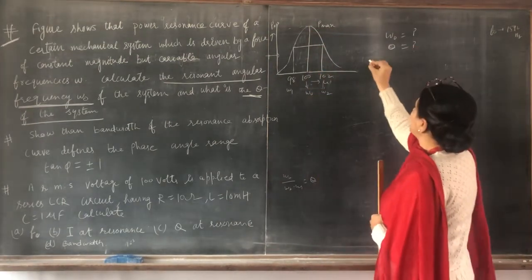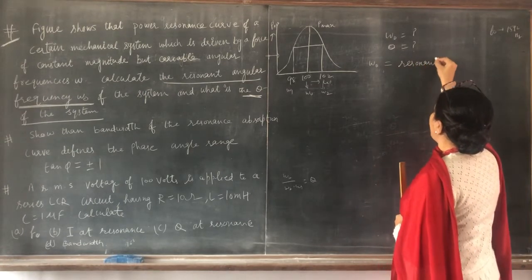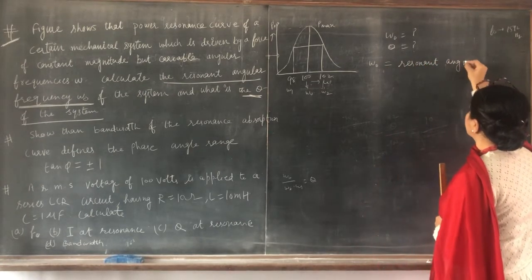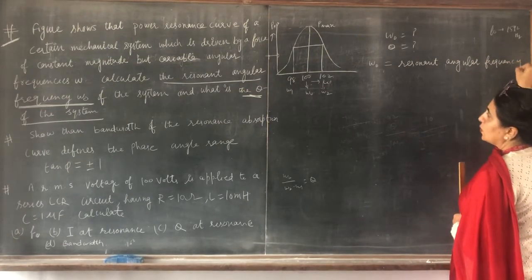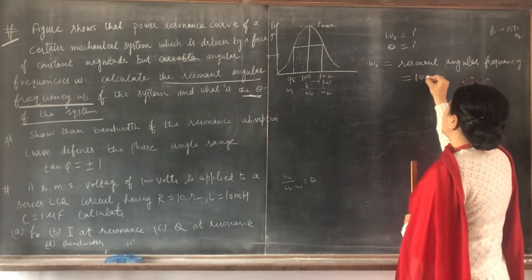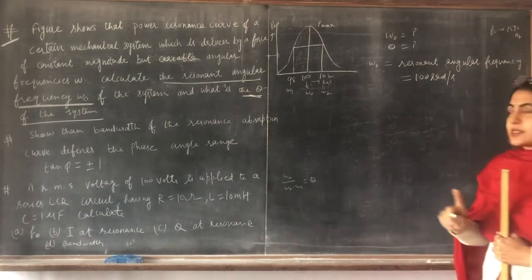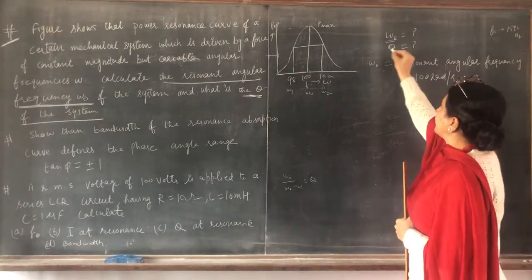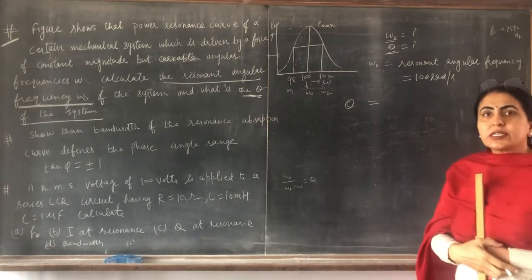So omega naught, that is the resonant angular frequency, is equal to 100 radian per second. Clear? So first we have found this. Now about Q. Q is the quality factor.